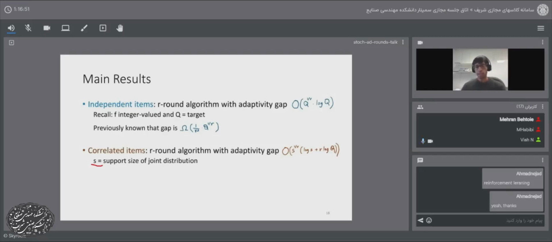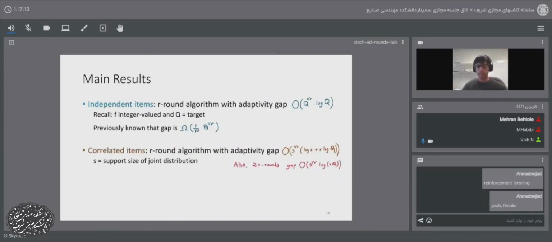And the performance guarantee ends up depending on the support size of this joint distribution, and it can indeed be bad in many cases. So when you have a joint distribution over m items, the size of the support can even be exponential in m.